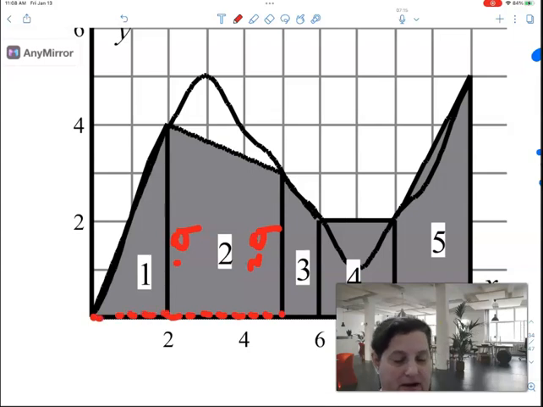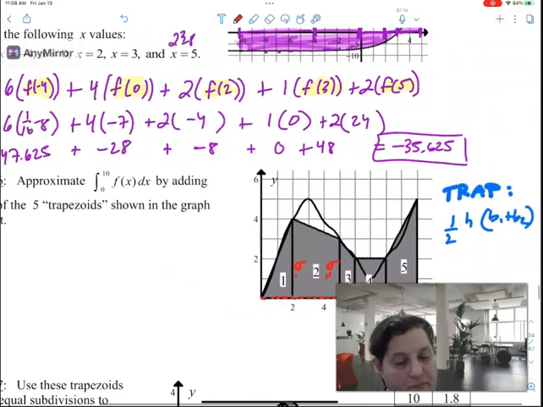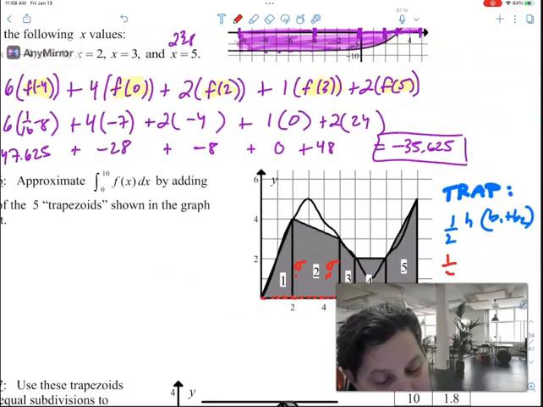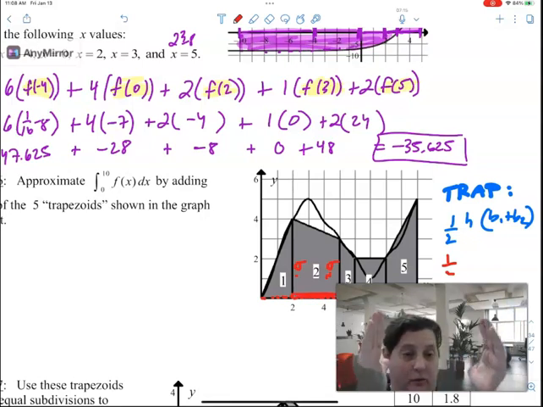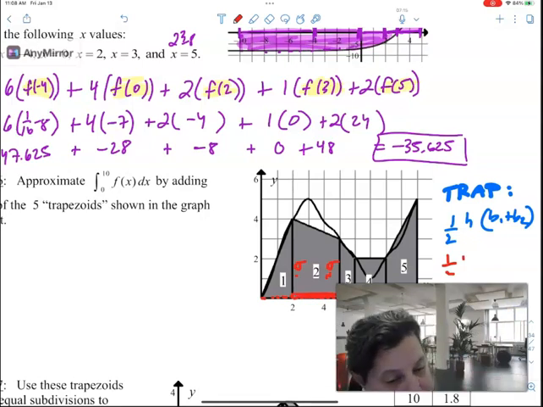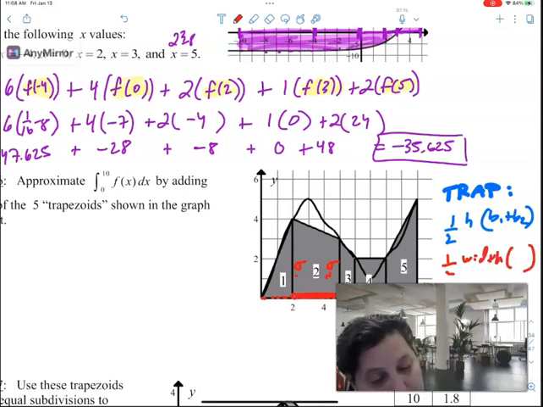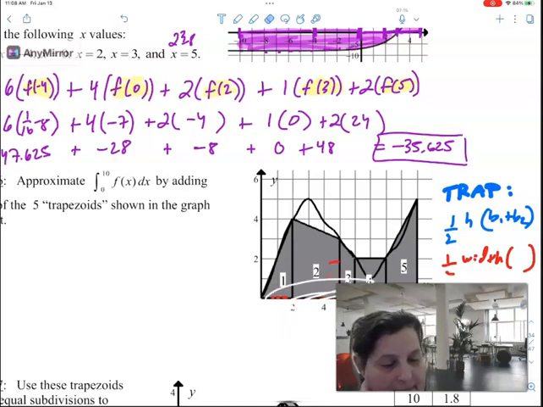Now, because these are perpendicular, the heights are always going to be along here, all right? So remember, it's 1/2 the height, and the height of a trapezoid, when it's on its side, is really the width of it, you know? It's like that width right there. And then we're adding together the two bases, which in this case would be like F2 plus F4. Okay, because those are the two bases. Hopefully that makes sense.